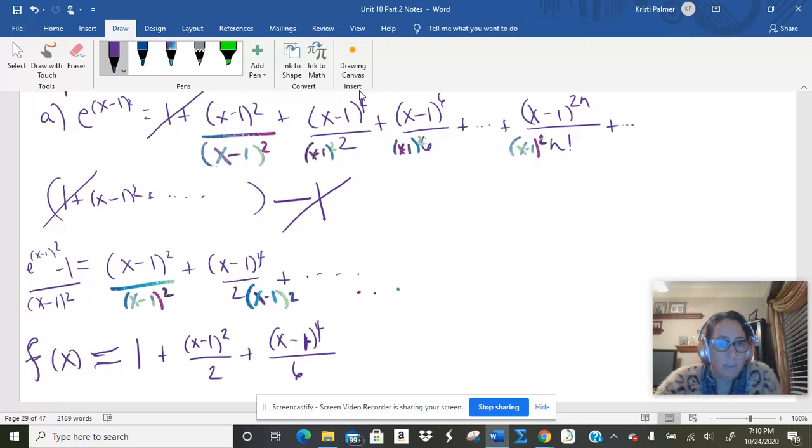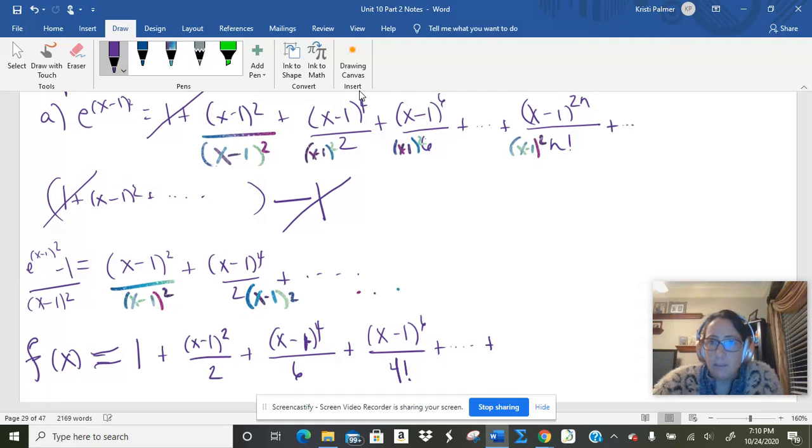How many terms did it want me to do? It said 4, so I need to do one more. So I'm just going to use the pattern. This was 0, 2, 4, so I know my next one would be 6. And this was 0 factorial, 2 factorial, 3 factorial. This one would be 4 factorial.